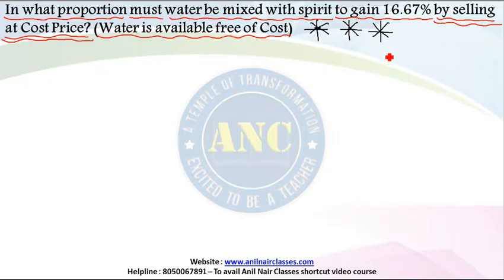But the question says, even though you are selling at the same price at which you have purchased, you still have some 16.67 percent profit. If you mix this water and spirit in some particular proportion, even though you sell the product at the same price at which you purchased it, you will still end up having 16.67 percent profit. In what proportion do you need to mix, right? I hope you are understanding the logic.